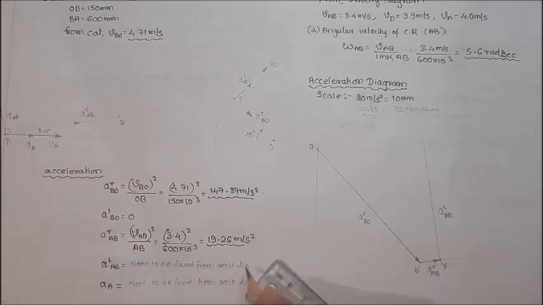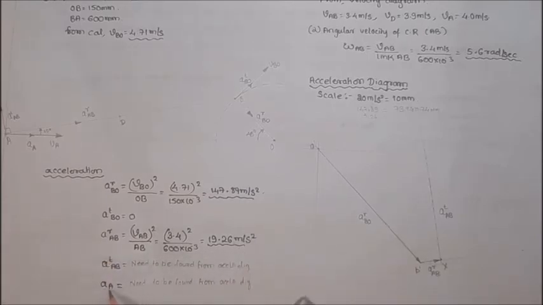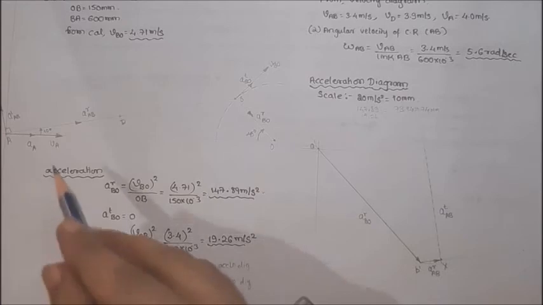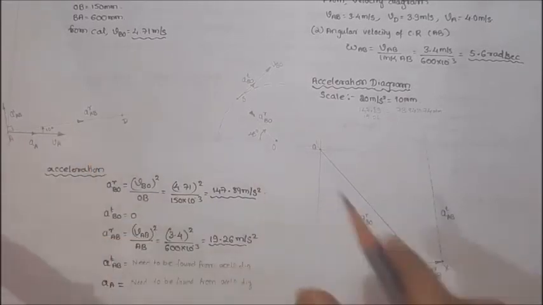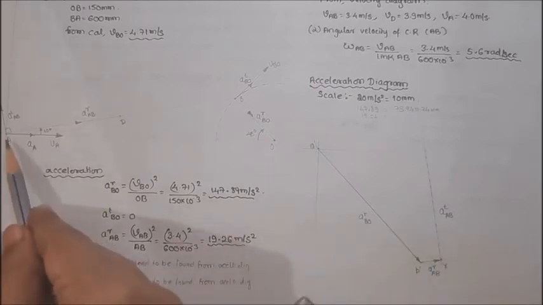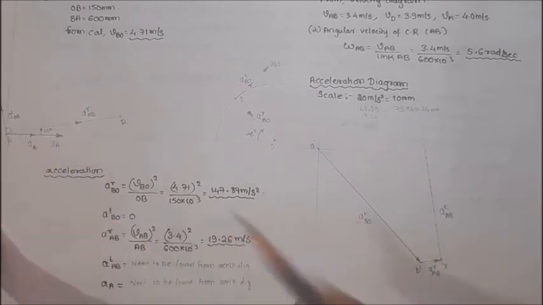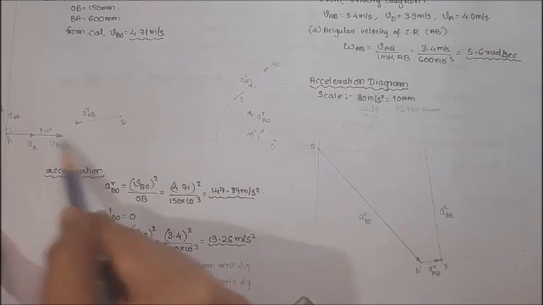Next, we have the acceleration of slider A. In which direction? It will be in this direction, the same direction as the linear velocity of the slider. So it will be parallel to this one.